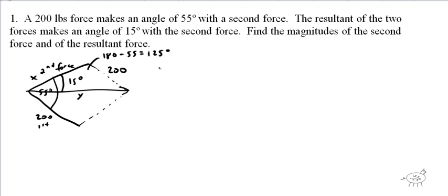That means the total of that is going to be 140. And then this angle right here is just going to be 180 minus 140, which is 40 degrees. Okay, so it's pretty easy.